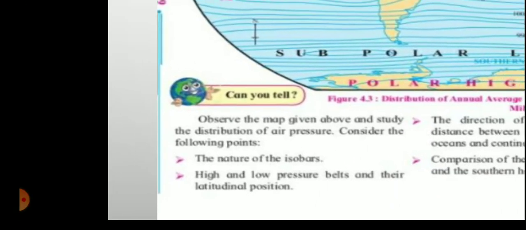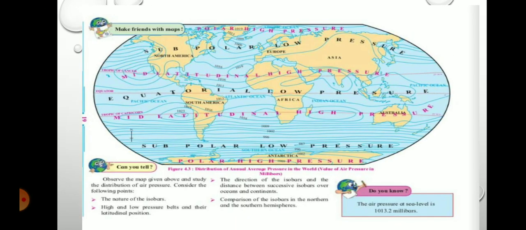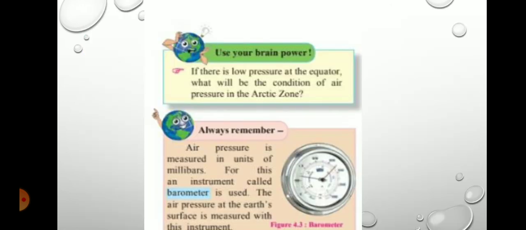Observe the map given above and study the distribution of air pressure. Consider the following points. Use your brain power. If there is low pressure at the equator, what will be the condition of air pressure in the Arctic zone?